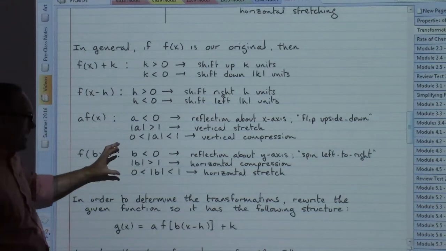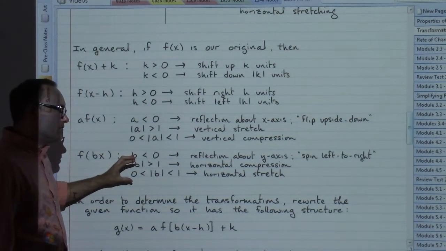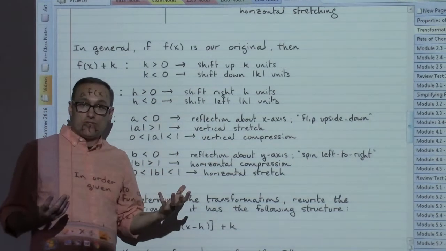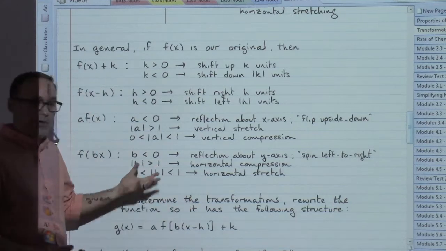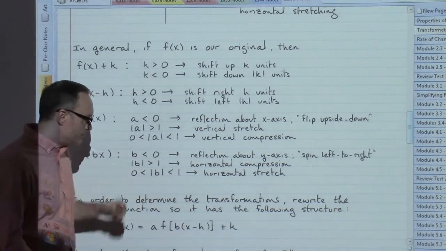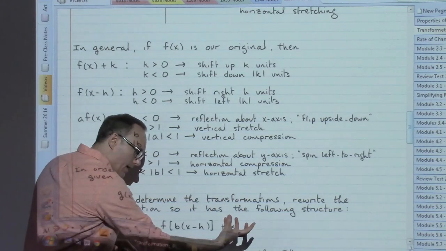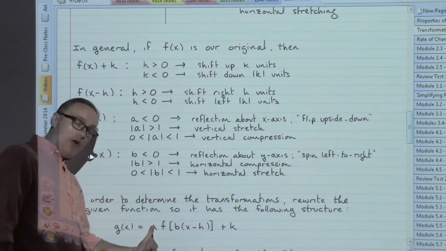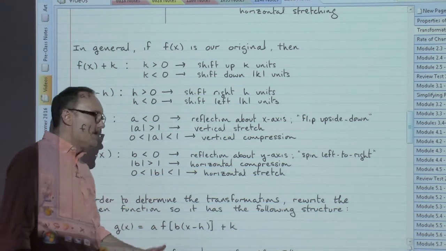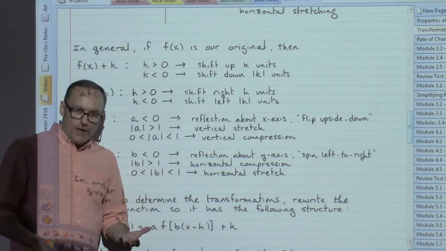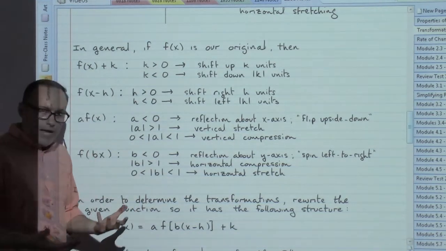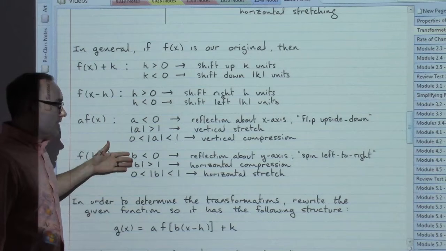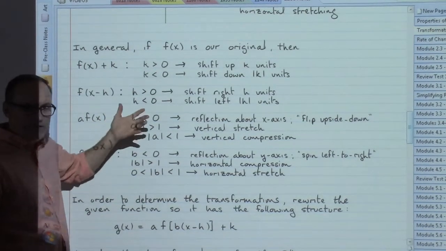That comes back to any kind of horizontal stretch or compress or spin left to right. Anything that has to do with a horizontal element. Anything that's outside of the function, out at the back, for instance, is a common place for that to happen, adding or subtracting. Out at the front, with multiplying, those sorts of things are going to have a vertical manipulation happening, whether that's shifting up or down, whether that's vertical stretching or compressing, or the flip upside down sort of a thing.